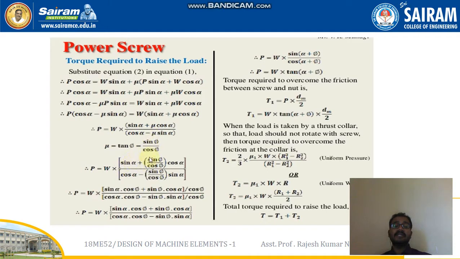So sin alpha plus mu, that is sin phi by cos phi, into cos alpha. Similarly, cos alpha minus mu, that is sin phi by cos phi, into sin alpha.